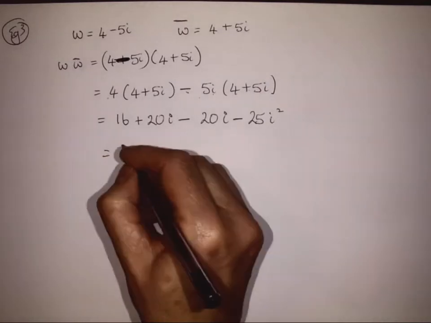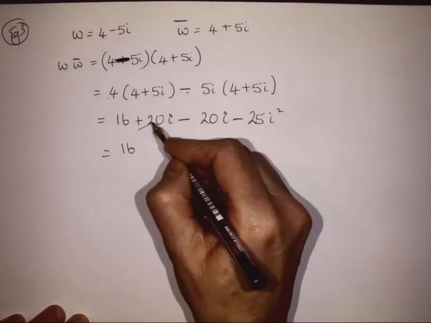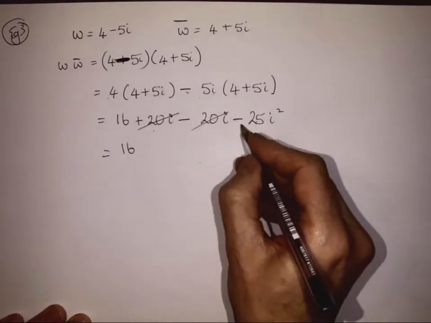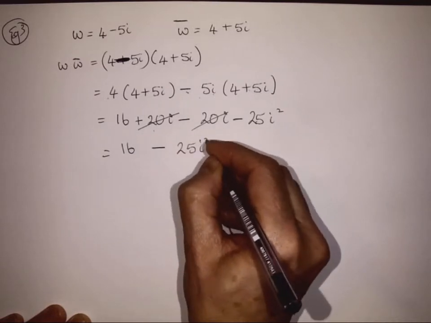Now we have the 16, minus 20i and plus 20i will leave us with nothing. There, no i's, okay? And we still have left over the minus 25i squared.